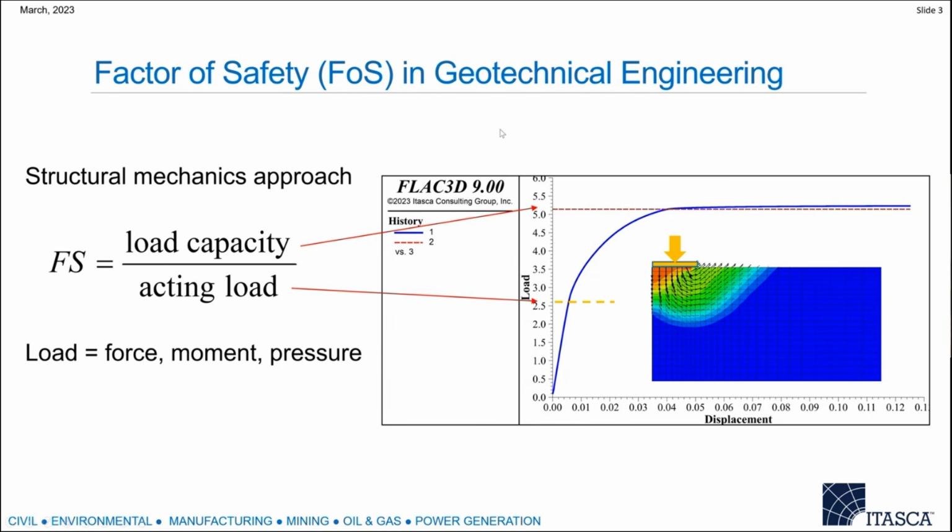So this is generally the definition of factor of safety. In this case, we can define factor of safety as the load capacity over the acting load. Of course, the load can have different measurements, for example, force, moment, or pressure. I will talk about this later.